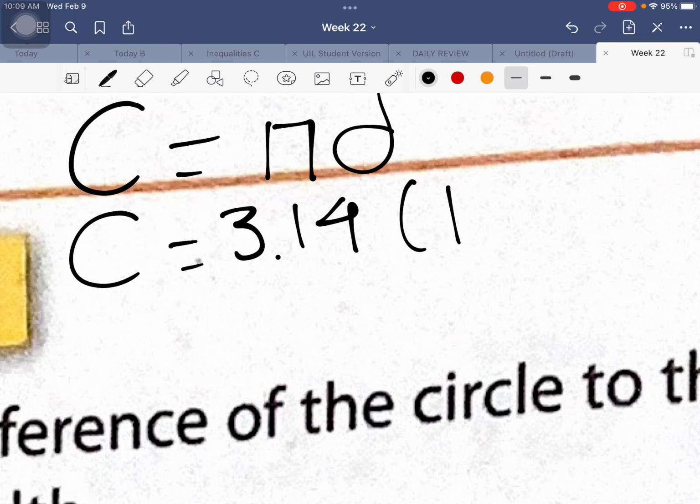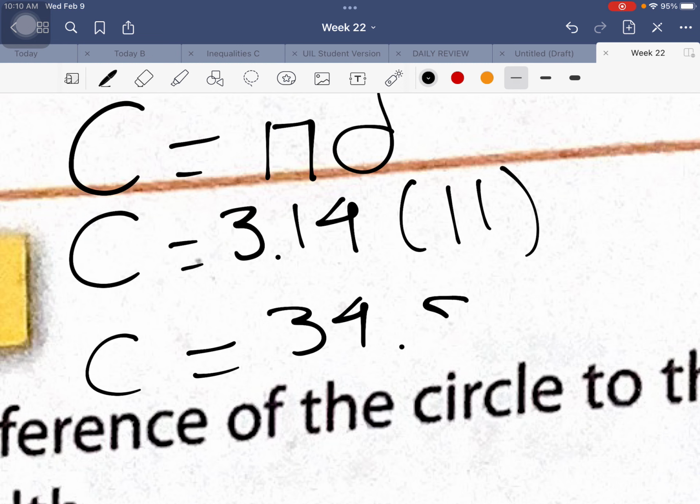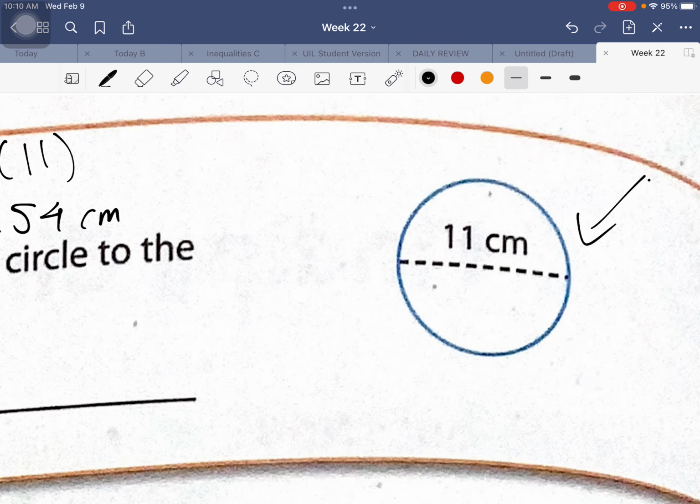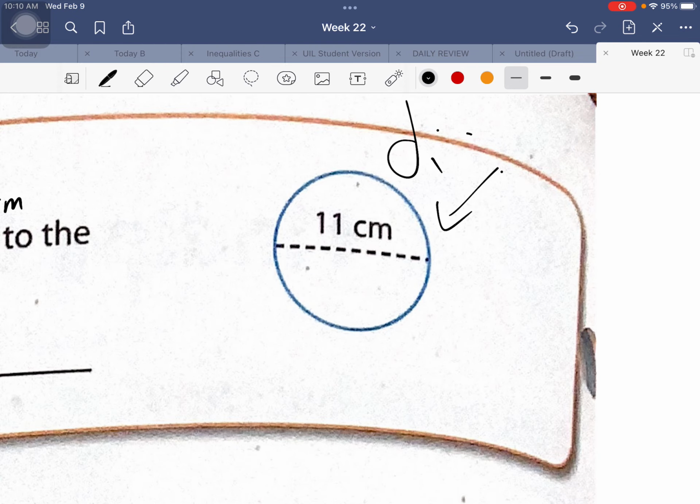When we multiply 3.14 times 11, what do we get? What was our answer? 34.54 centimeters. So, this represents the diameter.